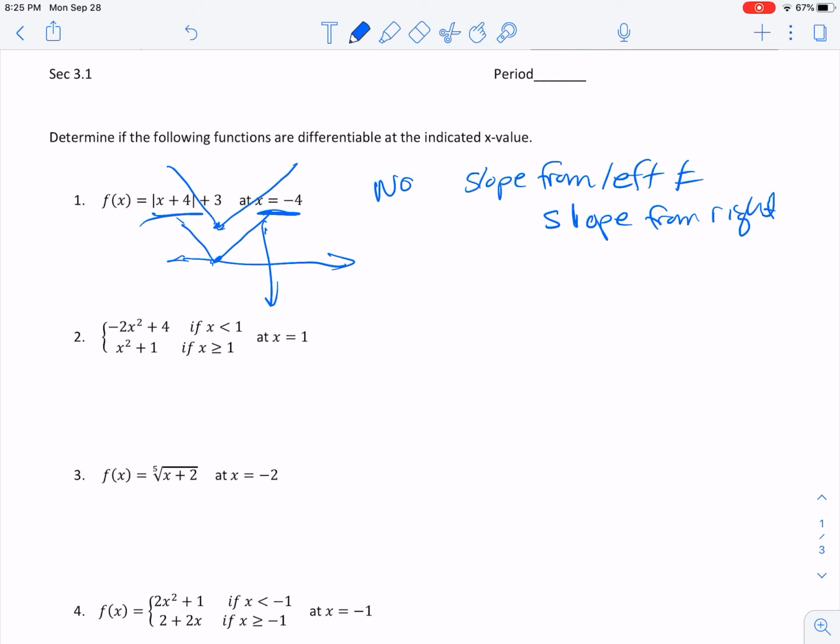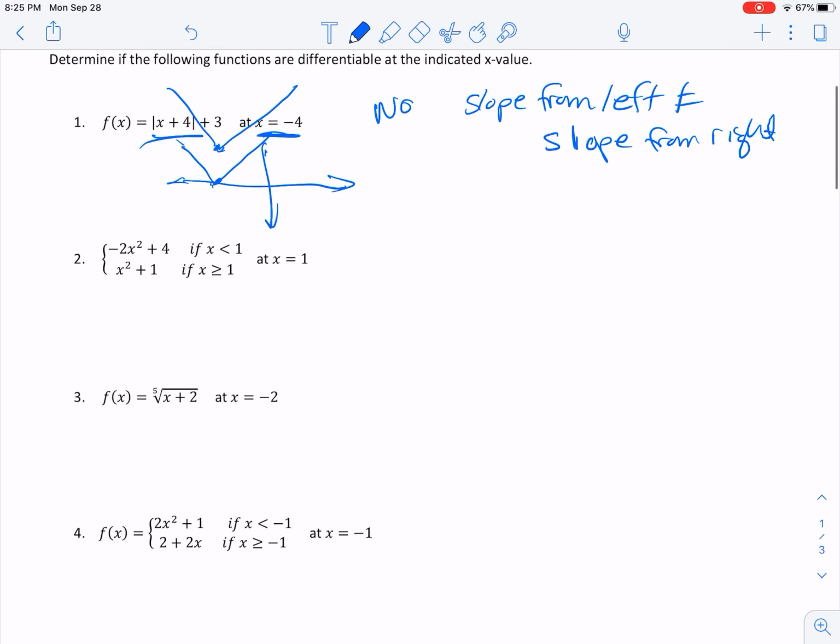Okay? All right, this function is a piecewise function. And if it's differentiable, it has to be continuous. So the first thing you do is you plug in 1, and you get negative 2 plus 4 equals 1 plus 1. And you get 2 equals 2. So therefore it's continuous. Then you have to check the derivative.